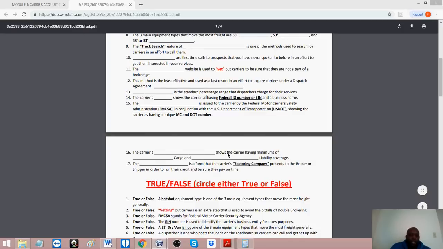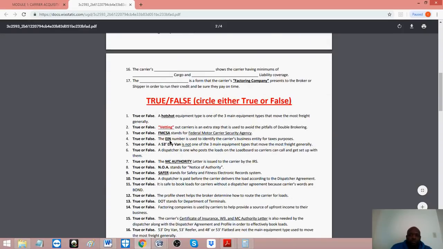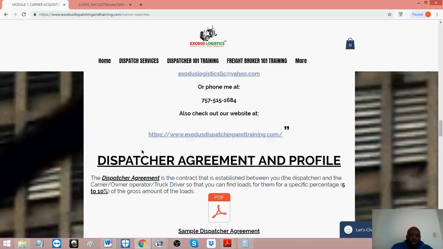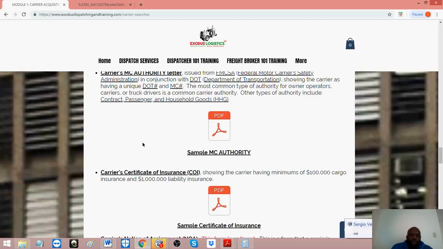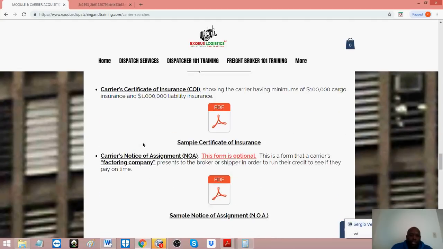16, the carrier's blank shows the carrier as having minimums of this amount for cargo and this amount for liability coverage. So this one is some extra information. Number 16. So if we go to the other documents, right, Sergio says, here it is right here. Certificate of insurance showing the carrier having a minimum of 100,000 cargo and $1 million liability.